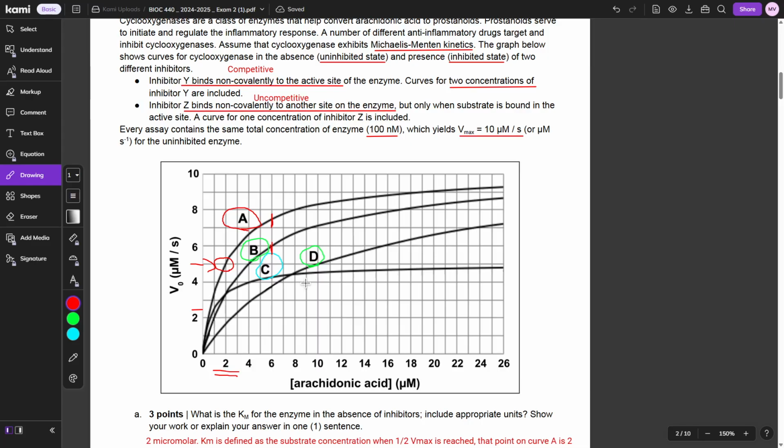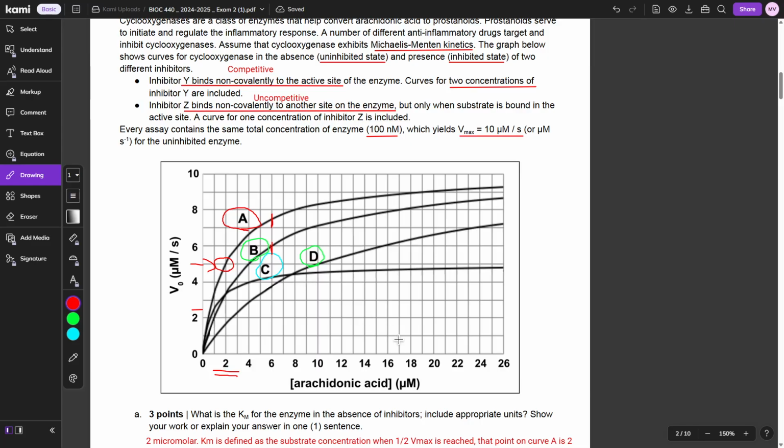So A is forming it faster, because in order to get to enzyme product faster, you have to form enzyme substrate faster. So it forms faster, it forms more, generally speaking. Yeah, that's why I put higher.